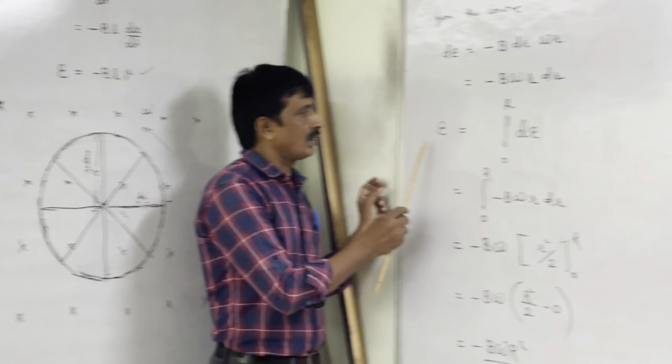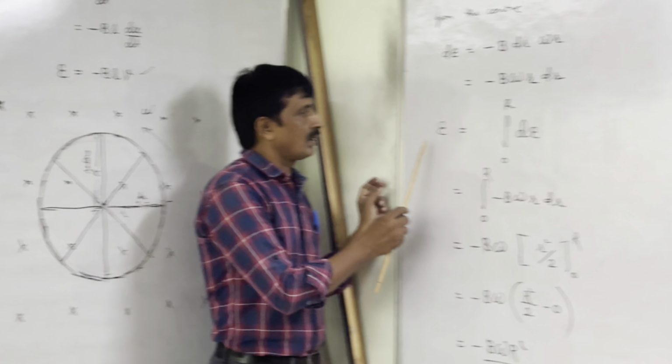What about the electrical power in this coil? Electrical power is EI, it is minus BLV times I. I is what? E by R, EMF upon resistance. So minus BLV by R, giving B square L square V square by R. Where does it come from? It comes from mechanical power, and we know that mechanical power is nothing but the rate of doing work, dW by dt.